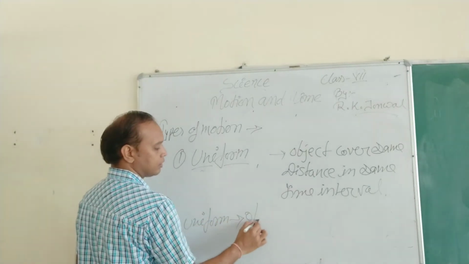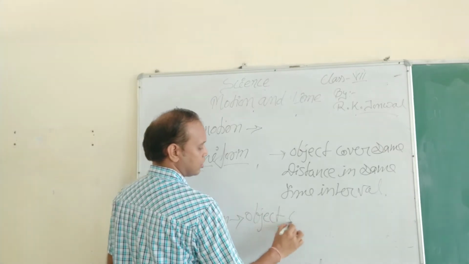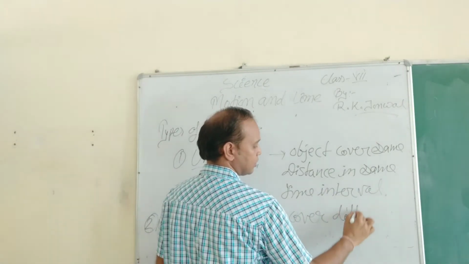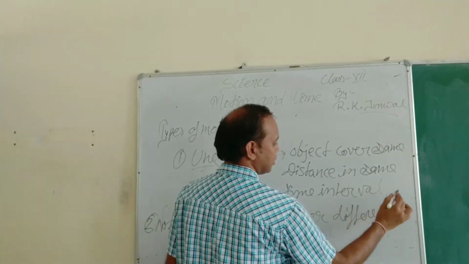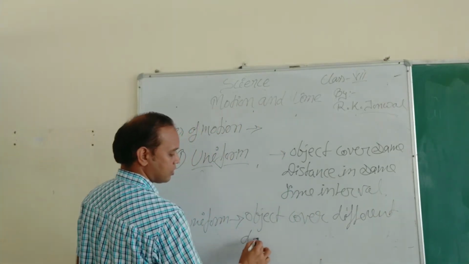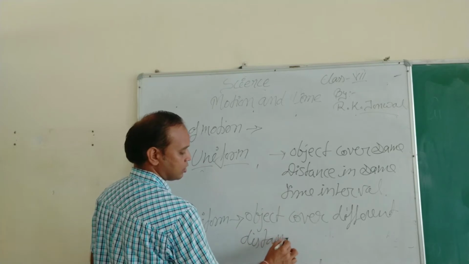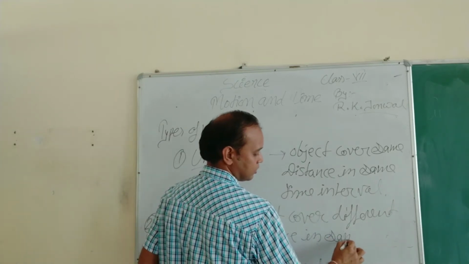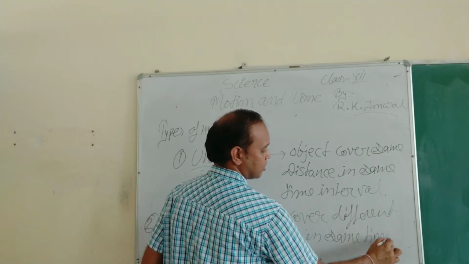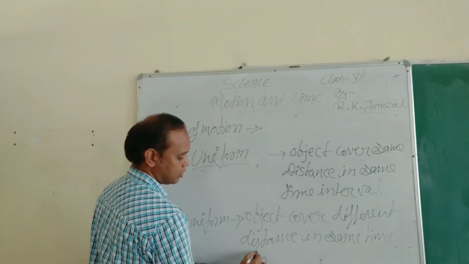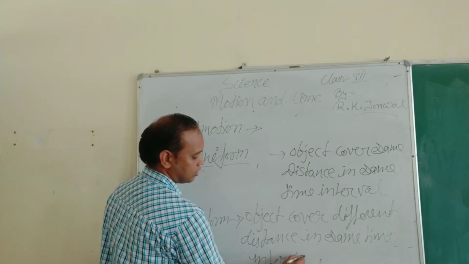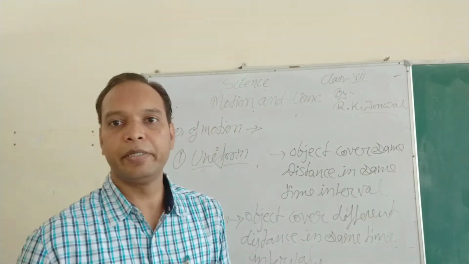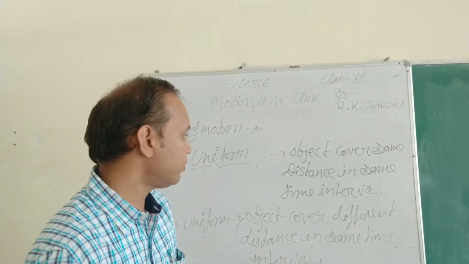If the object covers different distance in the same time interval, that is called non-uniform motion. So that is the basic difference between uniform and non-uniform motion.